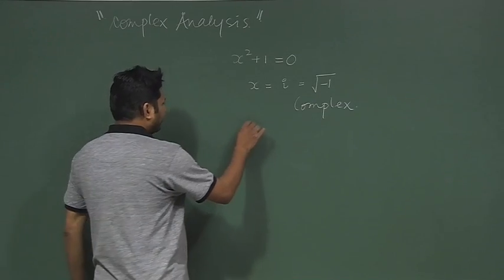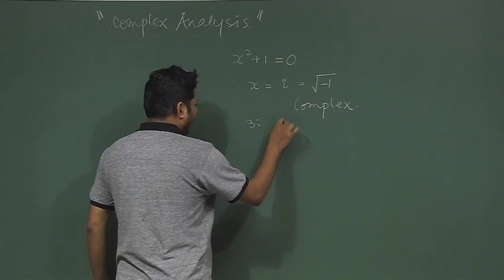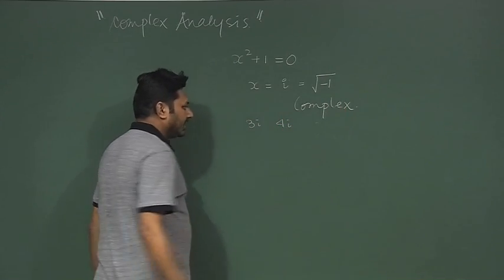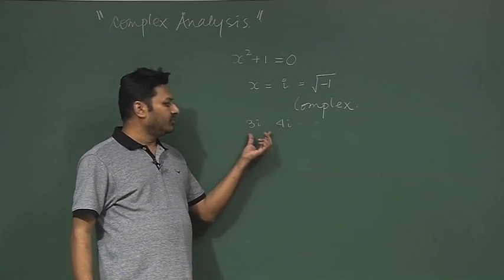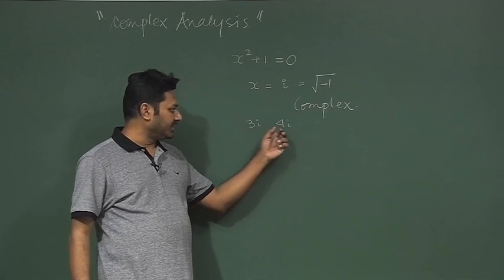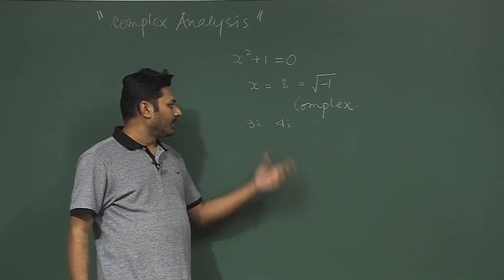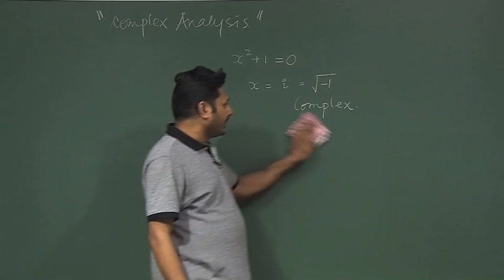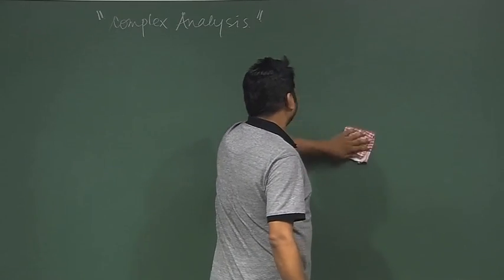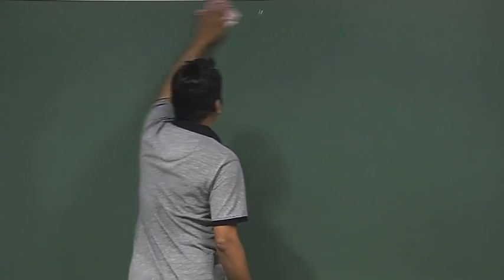For example, I have 3i, 4i, 5i, 6i, 7i; anything multiplied by i will be a number, not necessarily an integer, it can be any number. So, now we are dealing with something special, and this special thing is called the complex number.